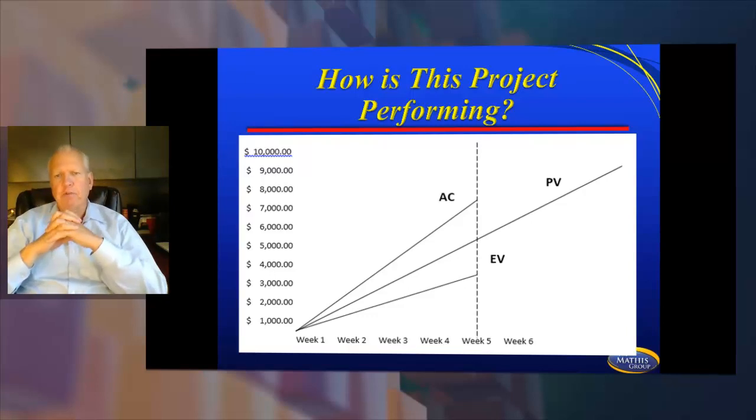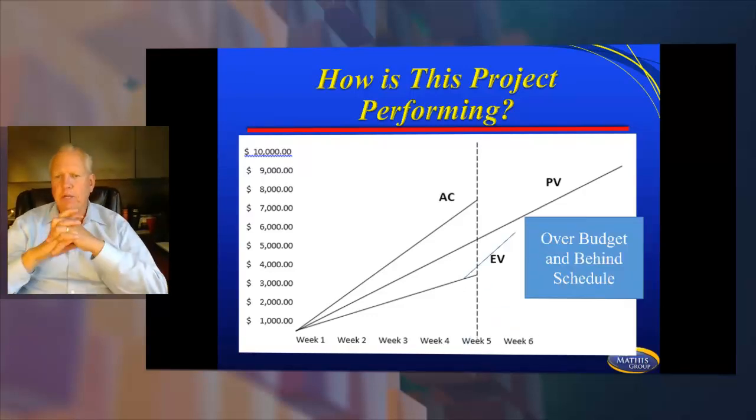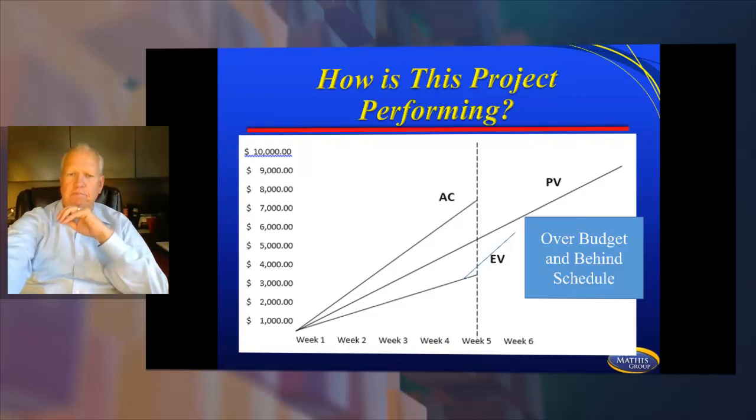So find your anchor, which is plan value, and then look at what's happening to cost and look at what's happening to your schedule. Cost is very high, going across to quite a bit of money. So you're coming in over budget. And then notice what's happening to schedule. It's underneath that PV line, and so that means you're behind schedule. So how do you interpret this? This is over budget and behind schedule.